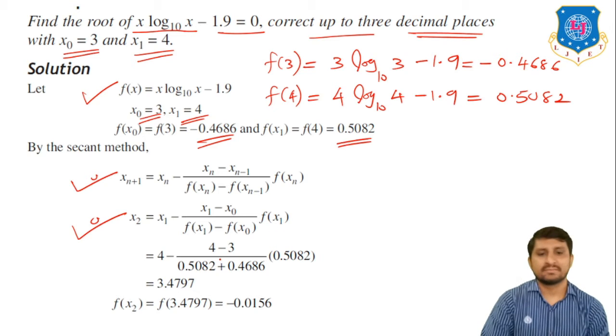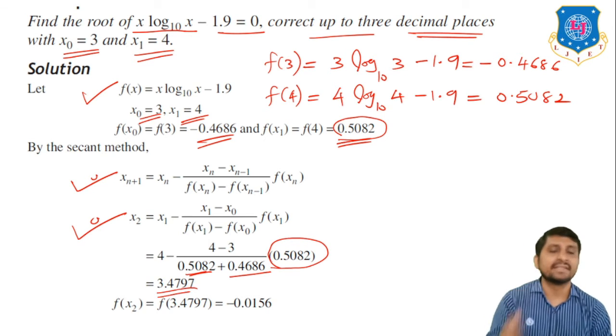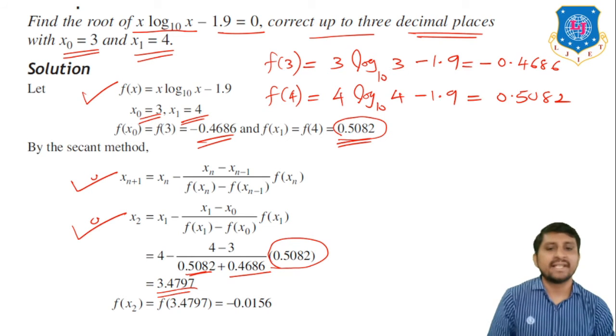So 4 minus 3 upon f of x1, which is 0.5082, minus f of x0, which is also negative, so minus minus becomes plus 0.4686, into f of x1, which is 0.5082. So the answer is 3.4797. Please calculate all these values in your calculator.